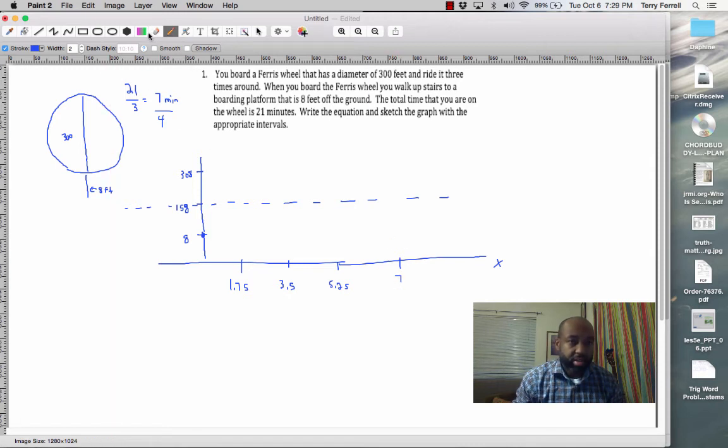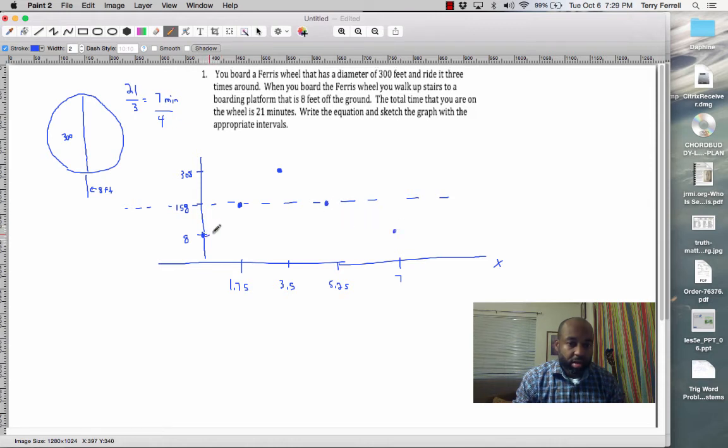Let's see if I can change the color here. I haven't done that in a while. Maybe not. Okay, well, let's just stay with blue. You're going to start low. You're going up to here, and I go back down here, and I go back up here.